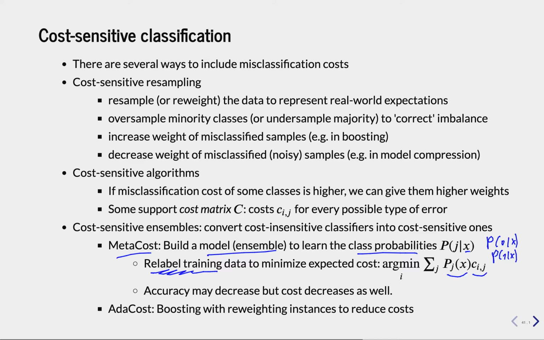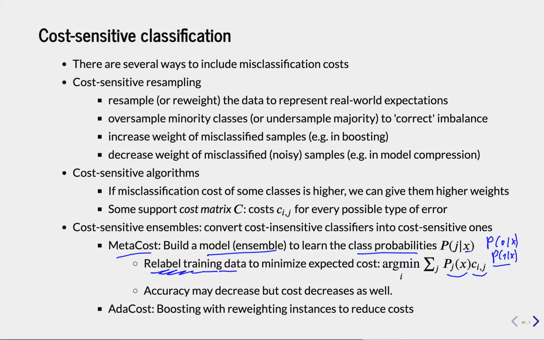If it's the wrong prediction, then the cost will be related to how likely that model is to predict that point wrongly. Right? And then what we want to do is to relabel every data point so that this cost is minimized.